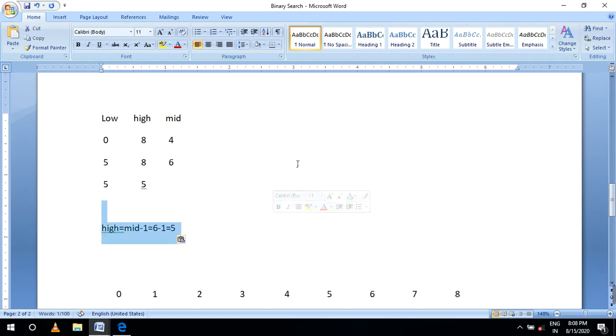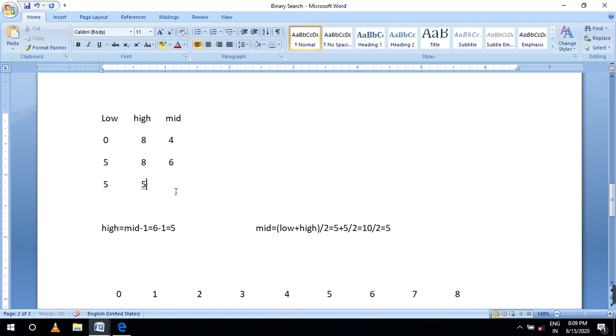Using the formula we declared, you calculate the mid value. Mid equals low plus high divided by 2, equals 5 plus 5 divided by 2, equals 10 divided by 2, equals 5.